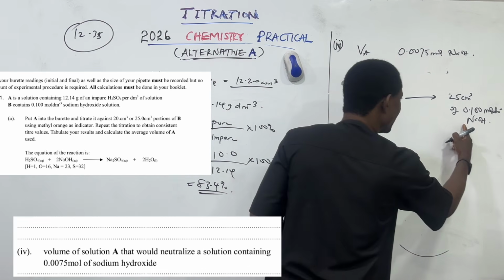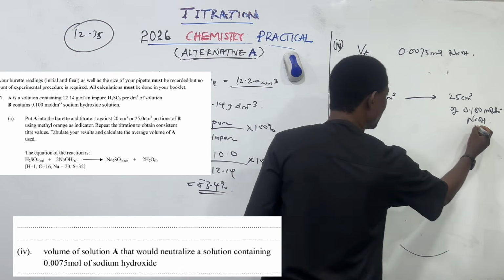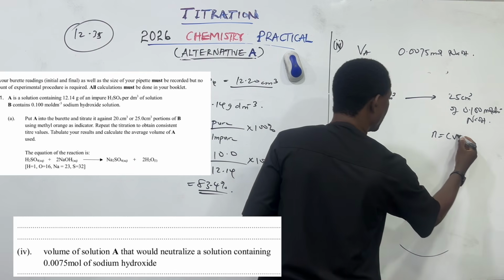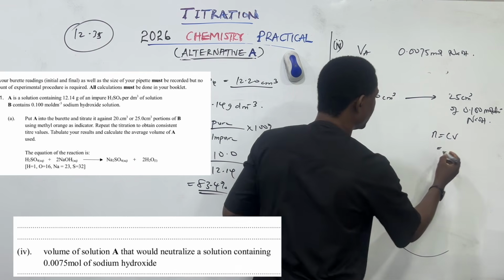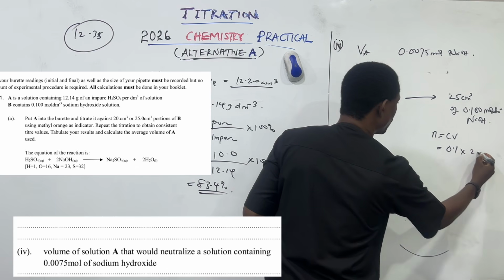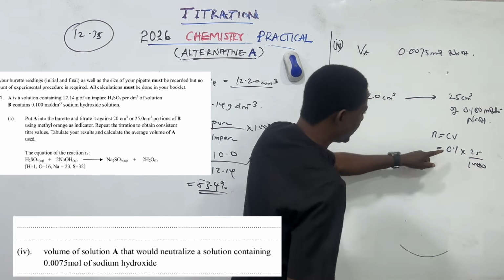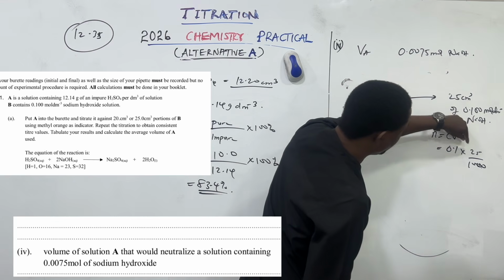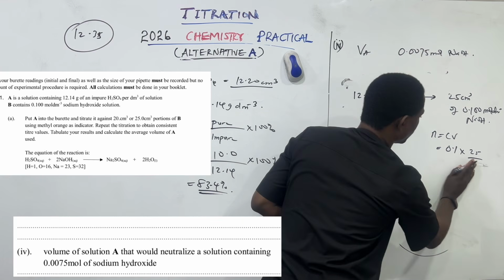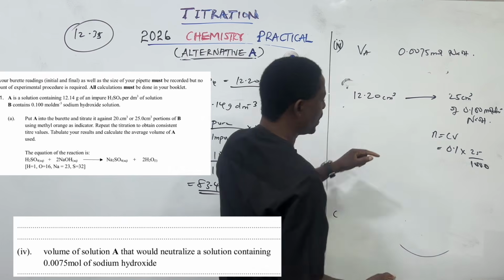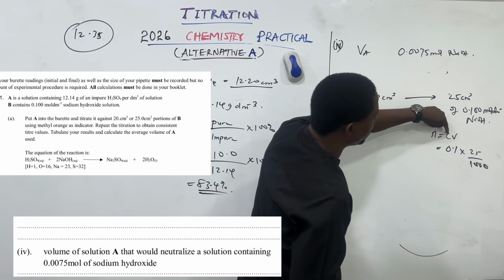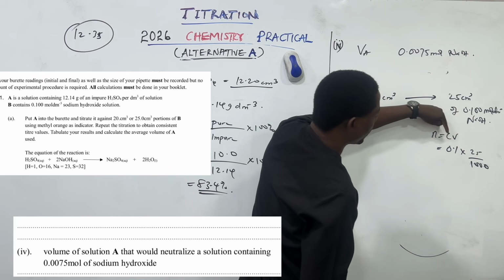So let's just calculate the number of mole here. What is the number of mole here? n equals CV. So C is 0.1 times 25 over 1000. Can you see that? So that is CV. Remember, volume is in cm³, so divide it by 1000 to convert it to dm³. C is concentration in mole per dm³, so volume must be in dm³ as well, so that I can get the mole.